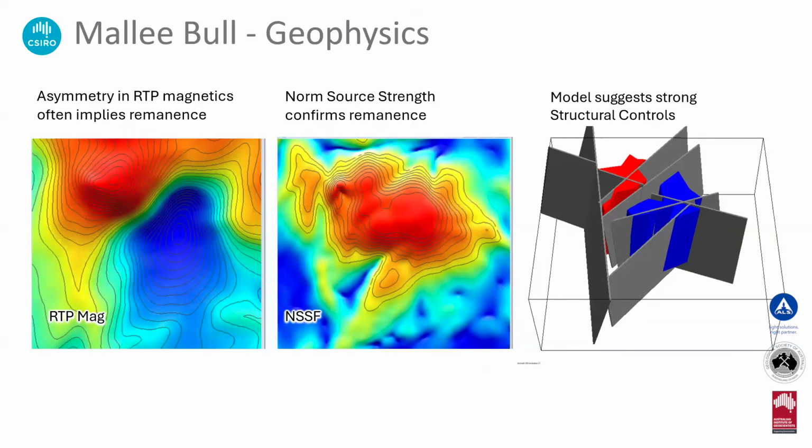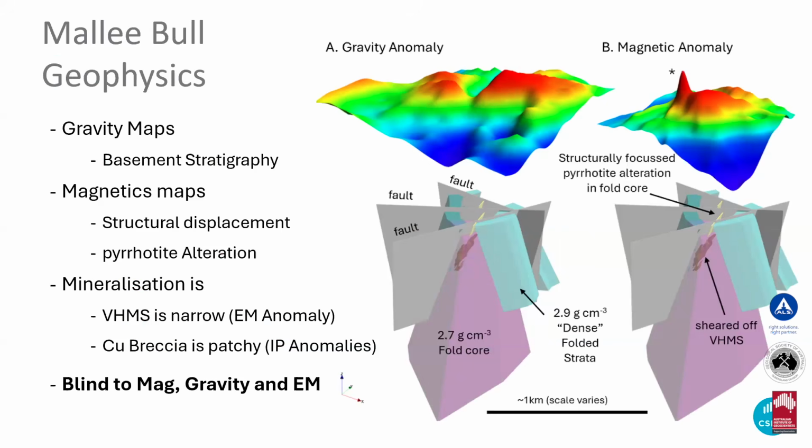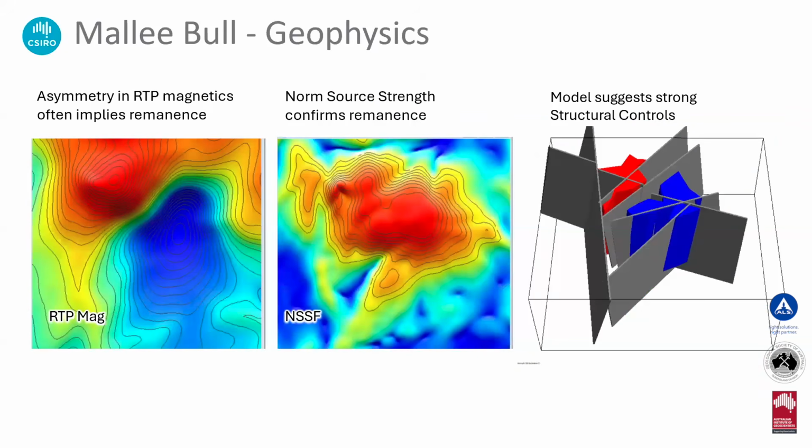Second last slide. So that anomaly we were just looking at, you can see that you've got the high here and then you've got the big low. You can see that here as well. So when we've done a reduction to pole magnetic transformation, what that really should do, if this is like magnetite, for example, or a purely induced magnetic source, is center over the source.